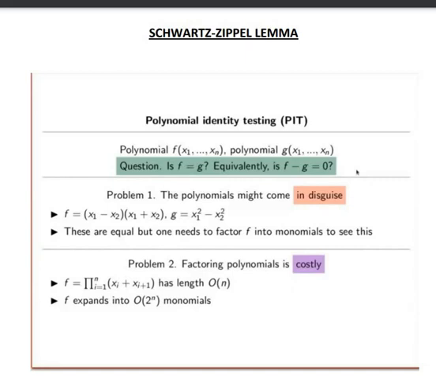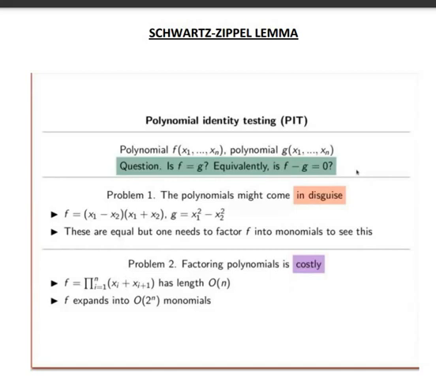So we have polynomials f and g. The number of variables doesn't matter, and you want to check whether they are equal, or equivalently, whether the difference is the zero polynomial, or you want to check whether a polynomial is a zero polynomial.